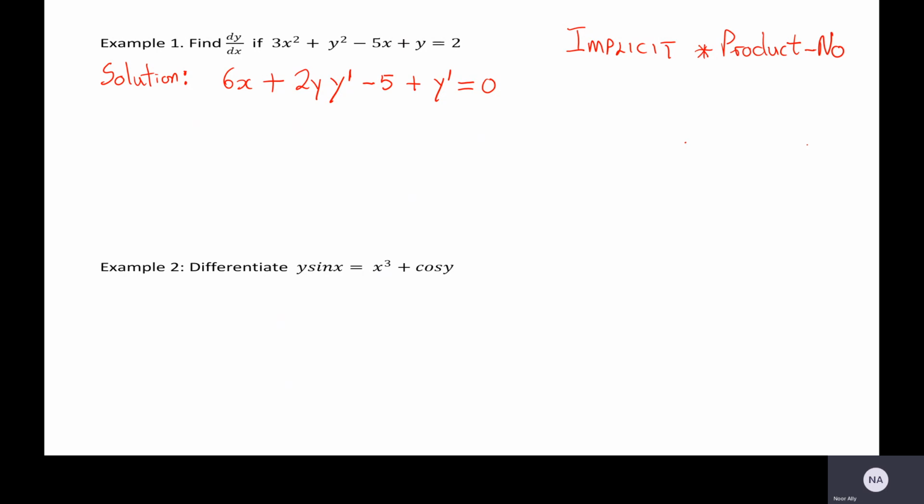What do we do next? Well, we want to find dy/dx. So I'm going to leave the terms that have the derivative y prime on the left-hand side.